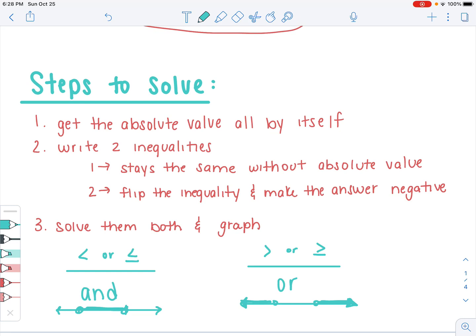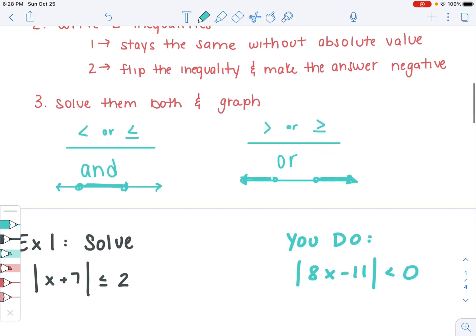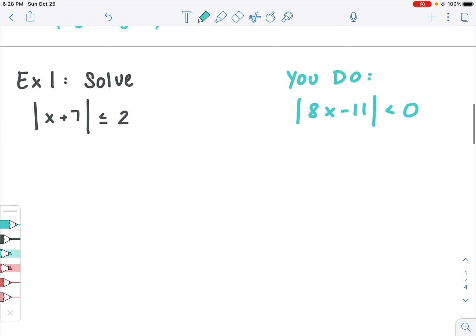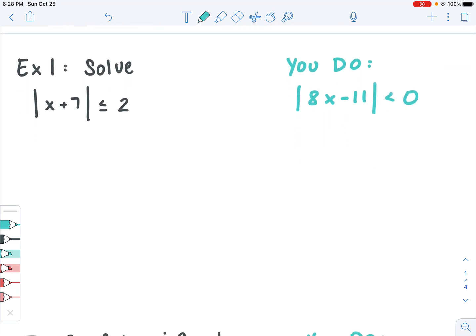So let's look at what this looks like with actual numbers. The first one says we have the absolute value of x plus 7 is less than or equal to 2. I noticed right away that this absolute value is all by itself. There's nothing else going on here on the left side of the equation, so there's nothing else I have to move before I write my two equations. So I'm ready to start solving this.